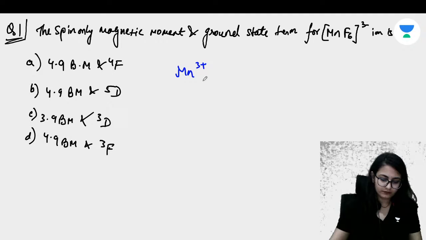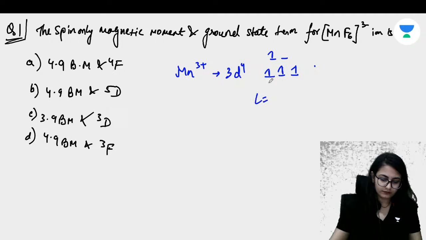For manganese 3 plus over here, what are you going to have, guys? Manganese is 3d5 4s2. So if you are removing 3 electrons, it's going to become 3d4. So what about these 4 electrons? Are they going to be high spin or low spin in the presence of a fluoride? These are going to be all high spin, all the 4 electrons. Yes, these are going to be unpaired.